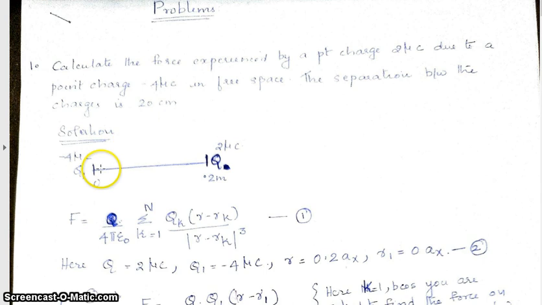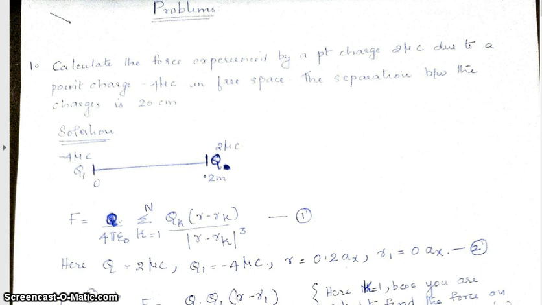So we will be using Coulomb's law for calculating the force, and this is the general expression. F is equal to Q by 4 pi epsilon 0 sigma k equal to 1 to n Qk into (R minus Rk) by modulus of (R minus Rk) the whole cube, where R and Rk are the position vectors.